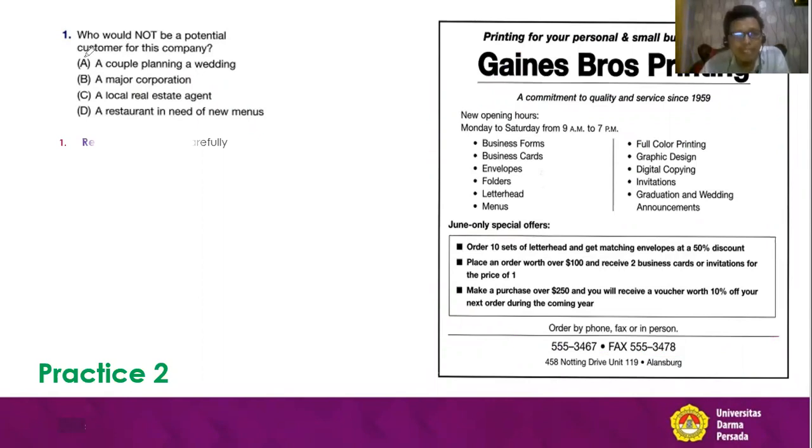Customer means the buyer, the user, right? So we have this one, personal, small business. Those are the customers of this business. Okay, let's see.